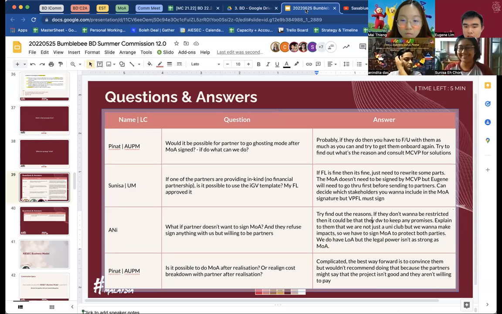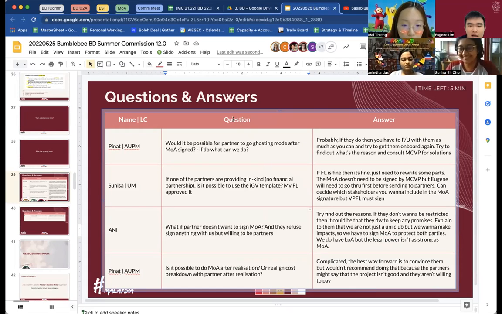For example, they say they'll give us 5K to be a partner with us, but they didn't sign an MOA, so they can just run away. There's nothing in black and white, and they can say they changed their mind, all those things. So for this MOA stuff, the bottom line that you need to guard is: are you able to bear the risk of not signing an MOA or not? Because people can pull out themselves.